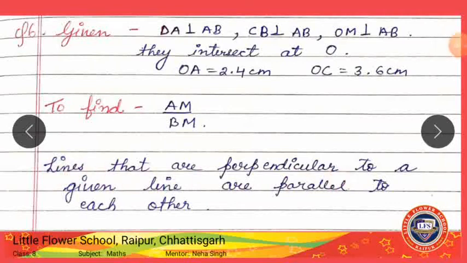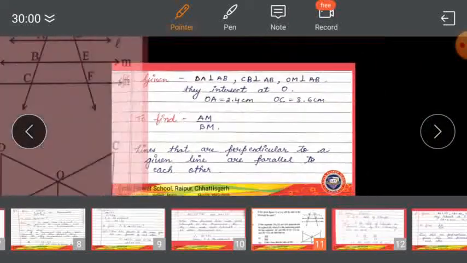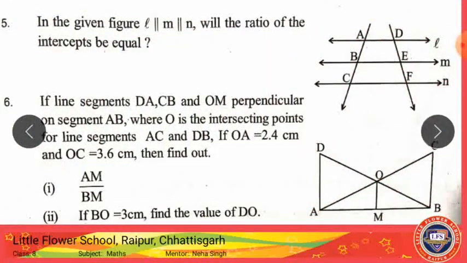Lines that are perpendicular to a given line are parallel to each other, right? Since AD, OM and CB are perpendicular to the same given line, these three lines will be parallel.